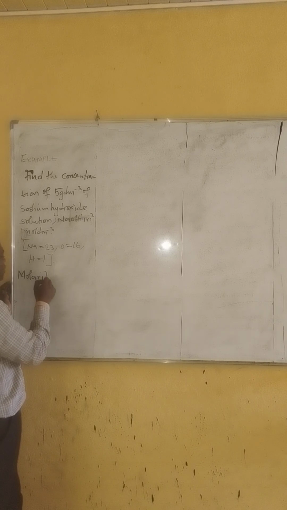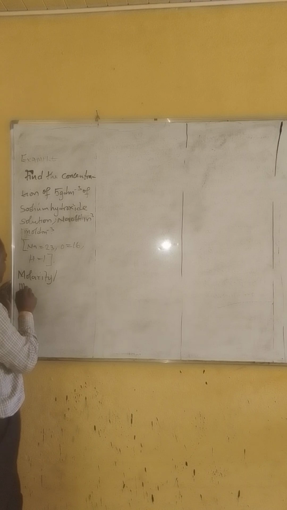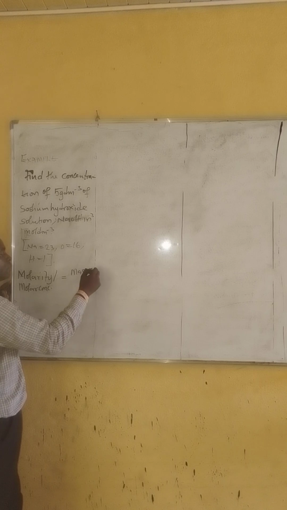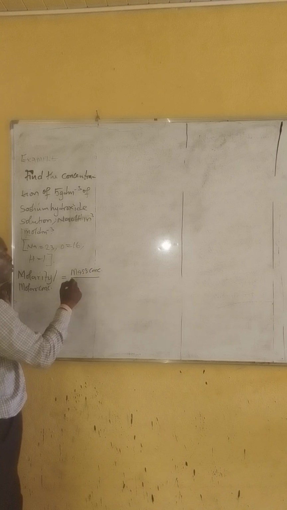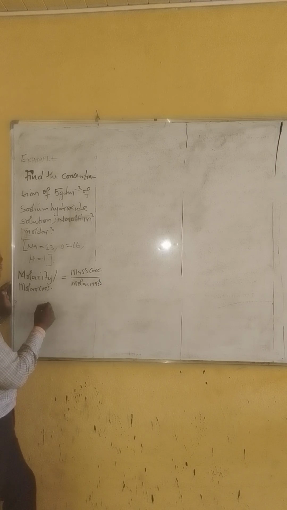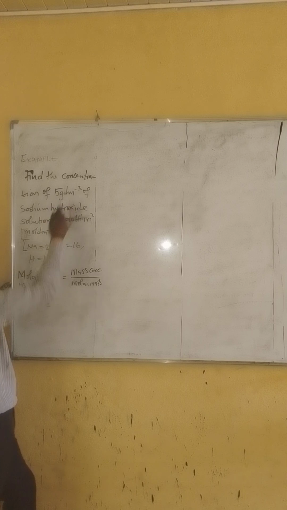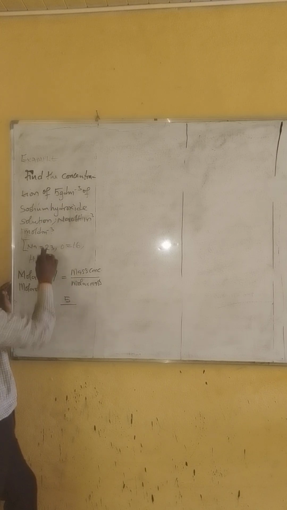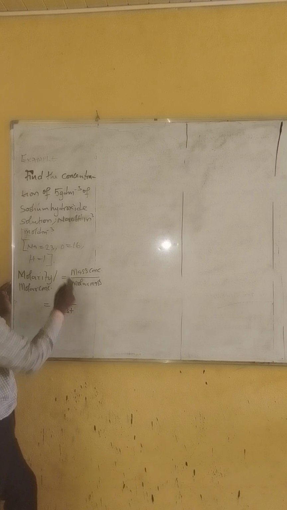Molarity, which is the same thing as molar concentration, is equal to mass concentration over molar mass. Then, what's the molarity? That's what we are looking for. What's the mass concentration? That's 5 grams per dm³. What's the molar mass? Na is 23, oxygen is 16, plus hydrogen is 1.